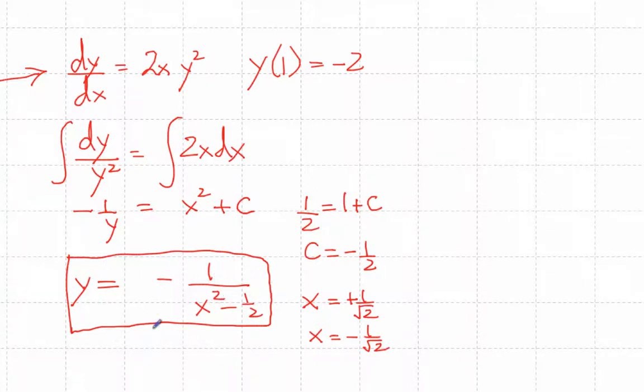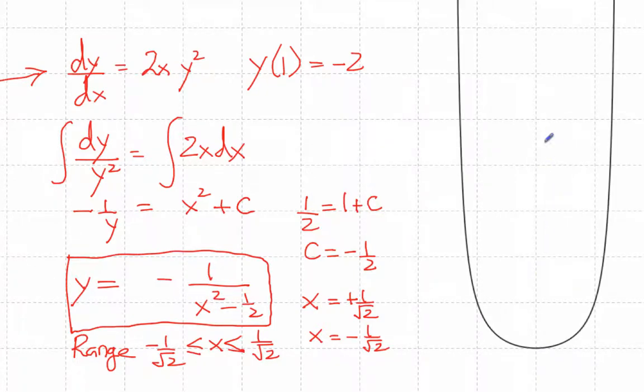And that's telling us that there is a range of validity. So the range in which this solution is correct will be between minus 1 over square root of 2 and 1 over square root of 2. In this range of x, this will be the correct solution, but not outside of it.